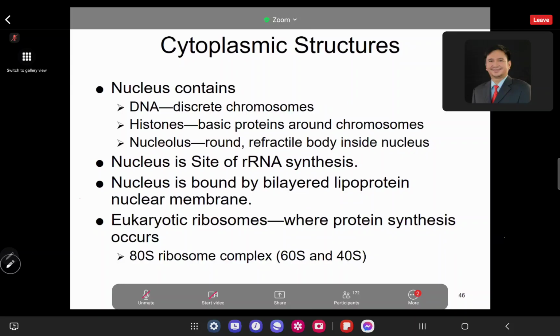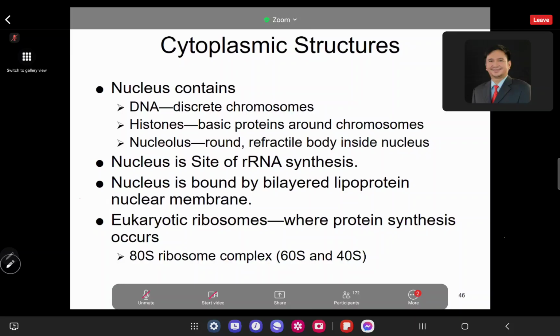Then a nucleolus is also inside the nucleus. It's a round, refractile body responsible for ribosomal RNA, small r and then your RNA synthesis. The nucleus is bound by a bilayered lipoprotein nuclear membrane, providing protection and regulation.